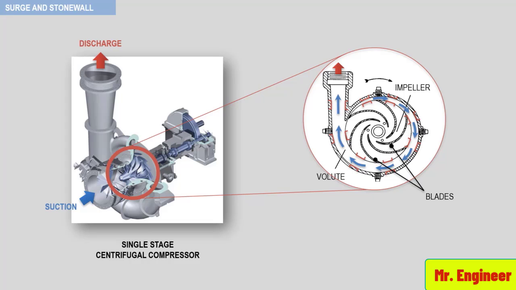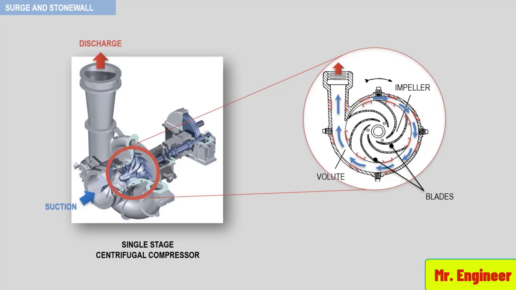Regardless of the initial cause, the inability of a rotating blade or impeller to produce the amount of energy needed by the system will result in the gas acting on the blade or impeller rather than the blade or impeller acting on the gas. At this point, backflow can occur.